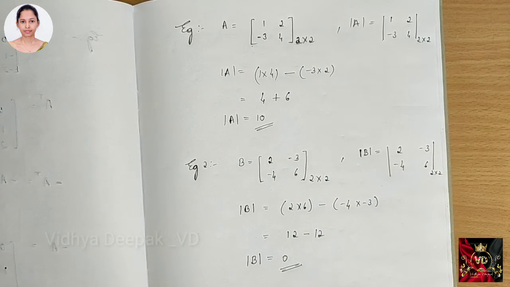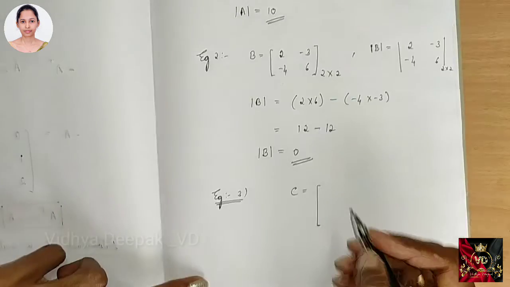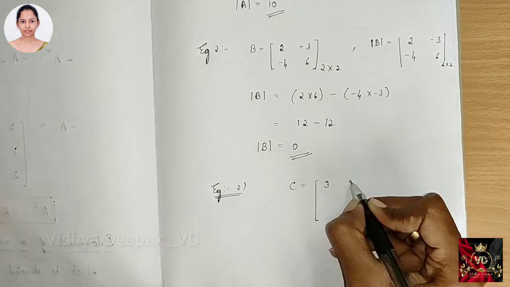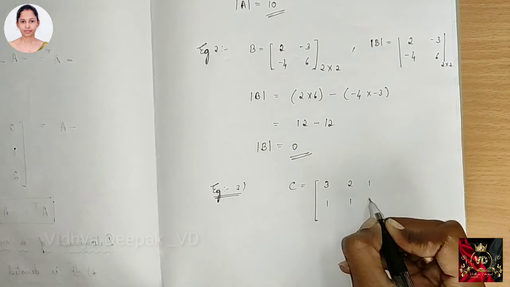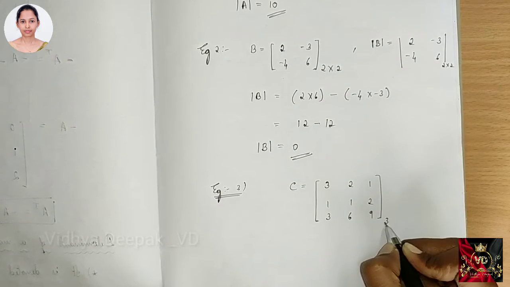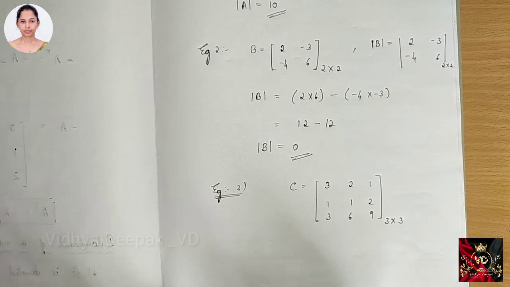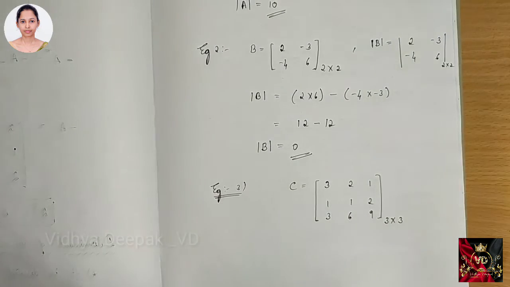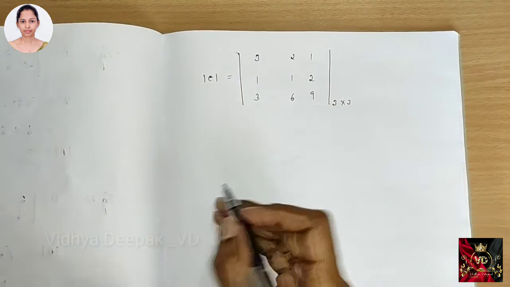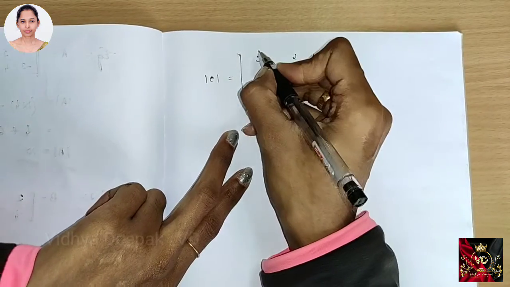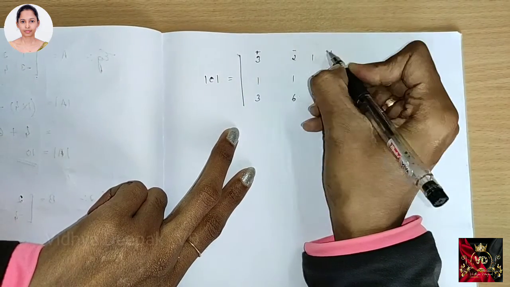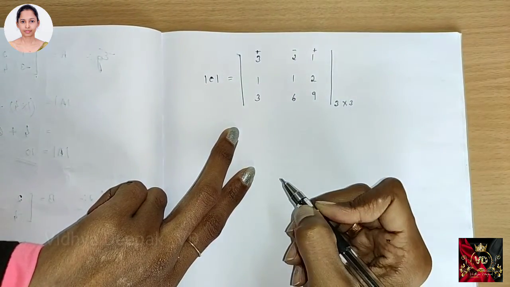So let's see one more example. Okay, let's take a 3 cross 3 matrix. 3, 2, 1, 1, 1, 2, 3, 6, 9, which is a 3 cross 3 matrix. Here, in order to find the determinant, what we have to do is consider this first element to be plus, this minus, and this also plus.